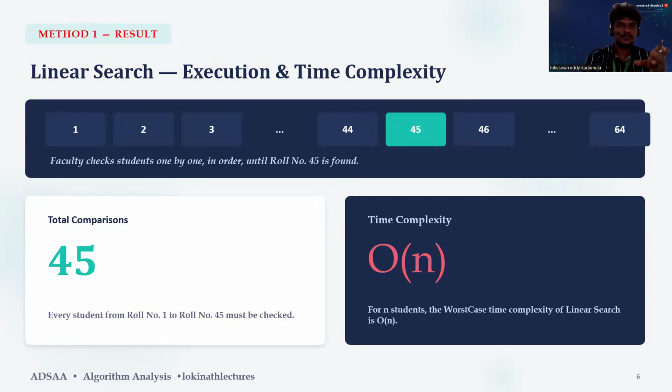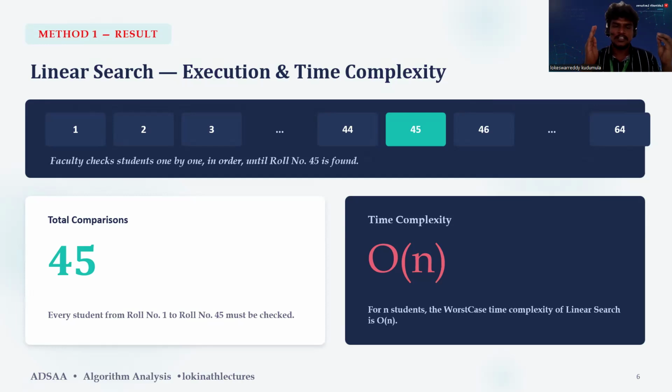Now, looking at the execution, we analyze the time complexity here. How many comparisons are required? How many times do we need to compare a roll number with 45? Roll number 1 with 45, roll number 2 with 45, roll number 3 with 45, roll number 4 with 45, and so on until we find the matching roll number.